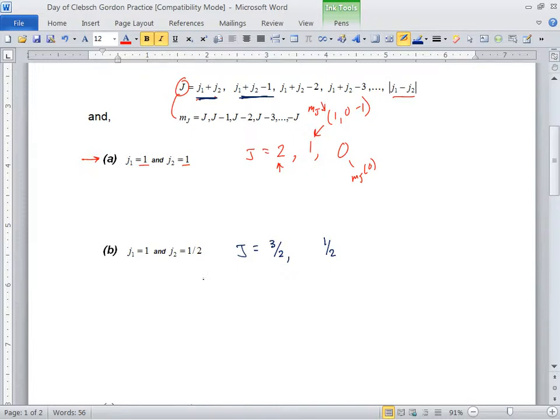So then the m sub j's are 3 halves all the way down to negative 3 halves. Okay, is there anything in between? 1 half. And perfect, you got it.